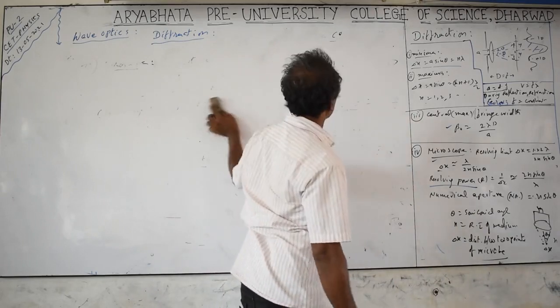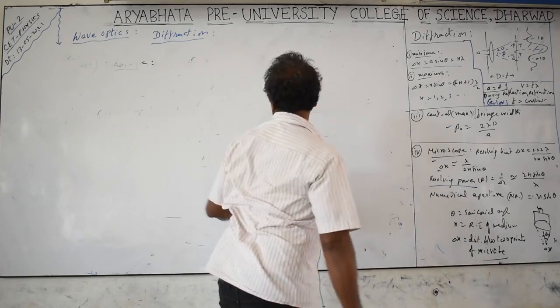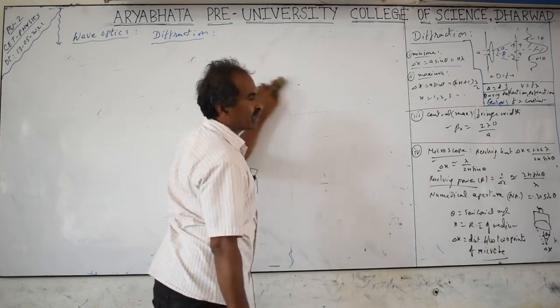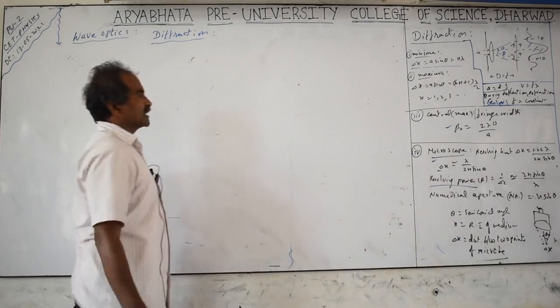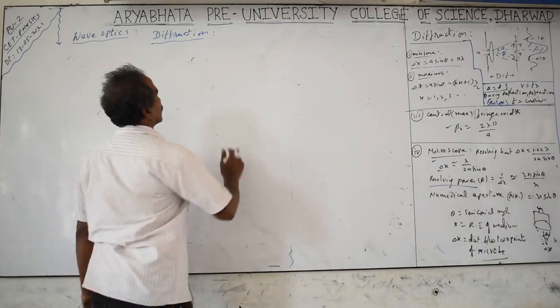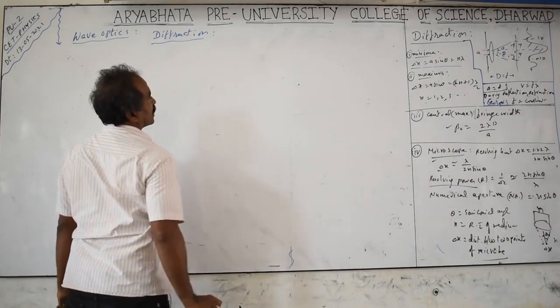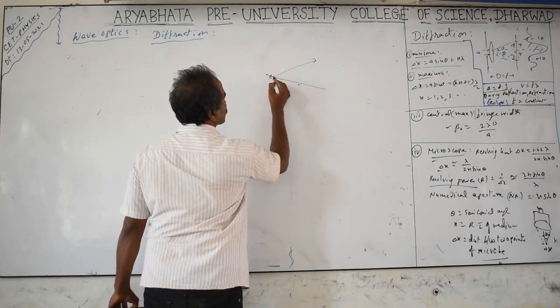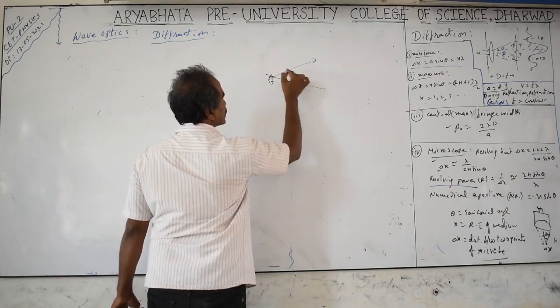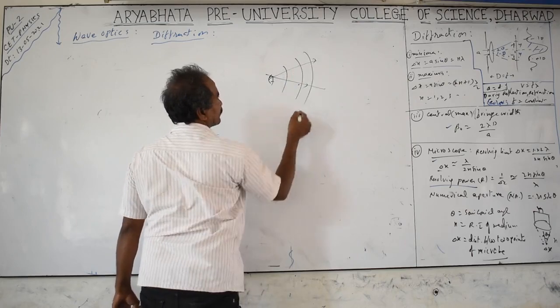According to Huygens wave theory, how the wave fronts are refracted through the prism and through the lens. The diagrams are given in the notes at the end, you just go through that. Whenever the light rays diverge from the light source, like a candle, the wave fronts must be spherical wave fronts.